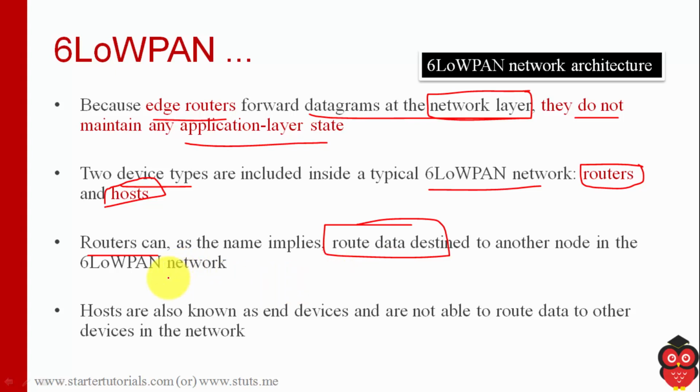Routers do routing. And hosts, as I already told you, are nothing but end devices which want to send or receive data. These hosts are not able to route data. Routing is done by routers.